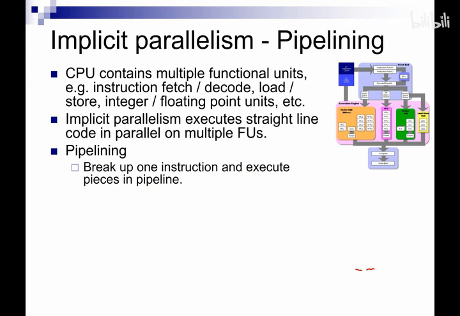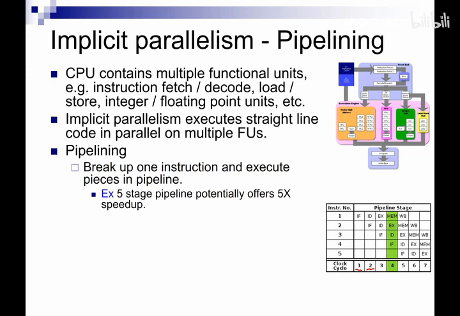Pipelining is going to take that instruction and break it into all these substeps, and then execute the substeps in a pipeline. If you have, let's say, 5 stages in your pipeline, then at every time step, you can be doing up to 5 things at the same time. And therefore, you can get up to 5 times faster performance.